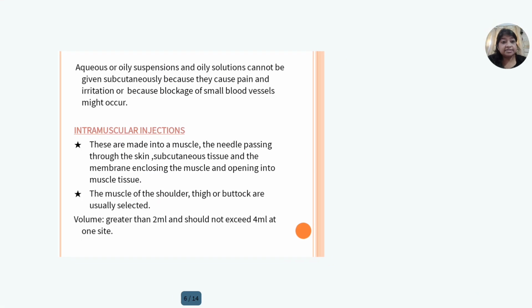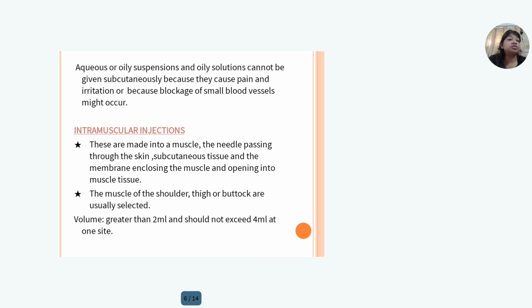One thing is that through this subcutaneous route, we have to take much precaution, as we cannot inject oily suspension through this route, because it will cause pain and irritation if we inject oily suspension in the subcutaneous layer, because blockage of small blood vessels may take place. So this has to be taken into consideration.